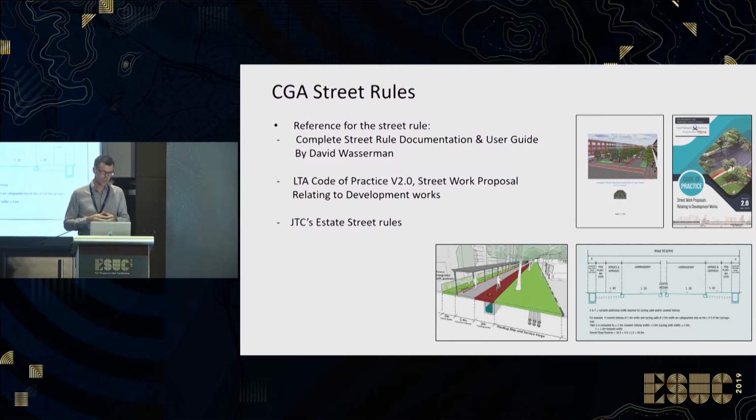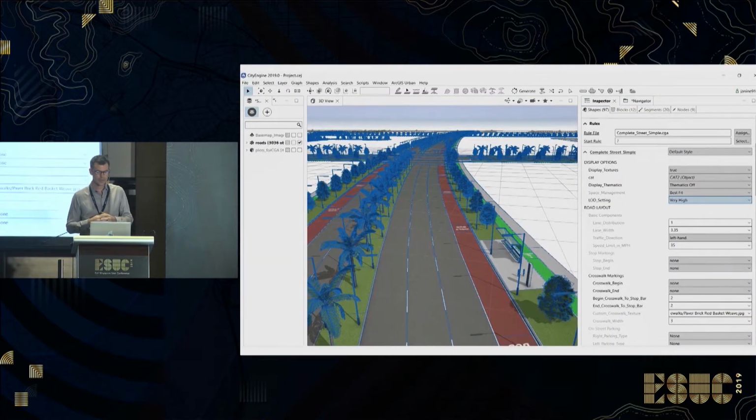Our CGA rules that we use for generating streets are based on David Wasserman's set of CGA. They've developed a very flexible CGA for streets, and we've adapted that CGA to this particular context.